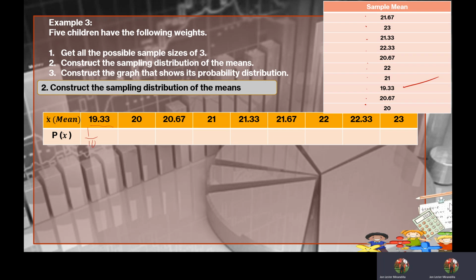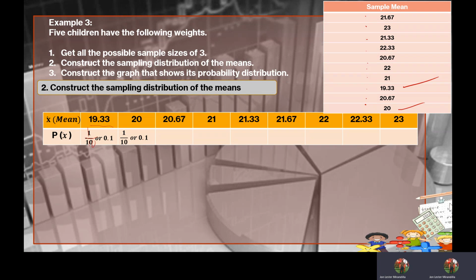In decimal form, it is 0.1. How about the sample mean of 20? What is the probability of getting the mean 20? Isang beses lang din nag-occur si 20 dito sa ating sample mean. Therefore, 1 out of 10 ulit, or 0.1.